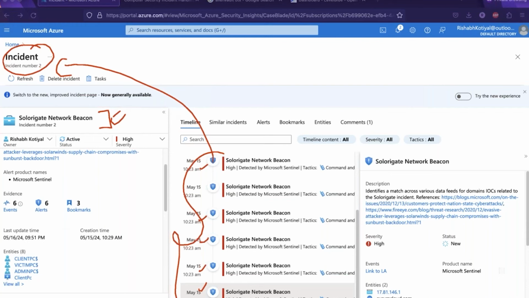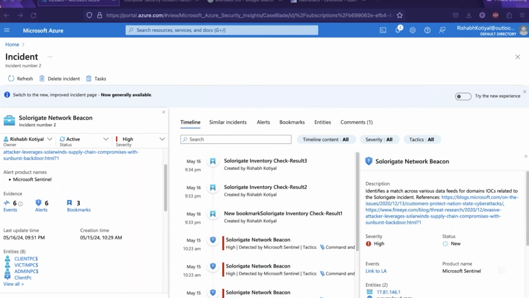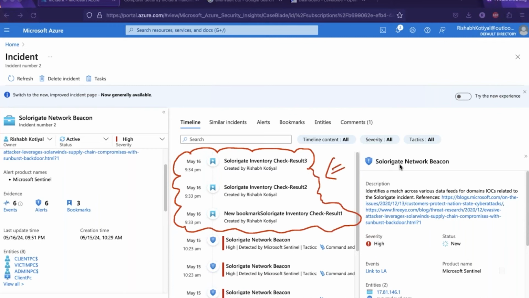So I investigated and found more evidence, and I included it in this part. These were created by Rishabh. This was detected by Microsoft Sentinel, and here I found further evidence. I attached it over here.